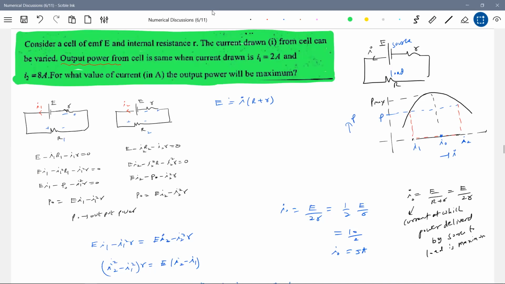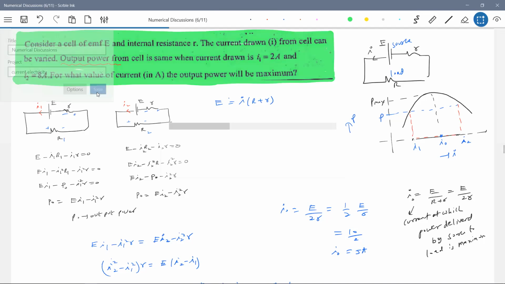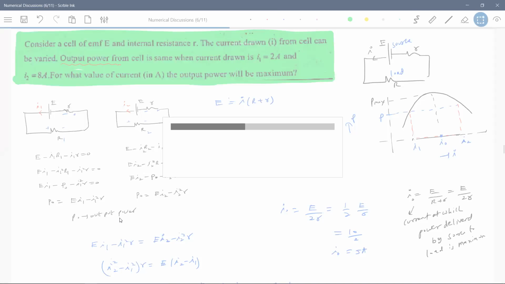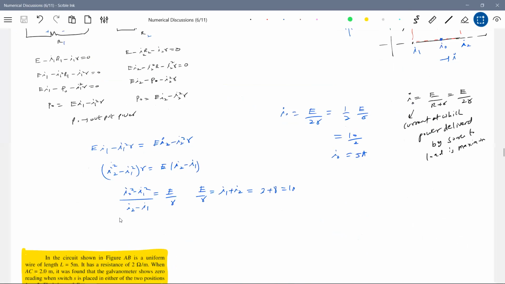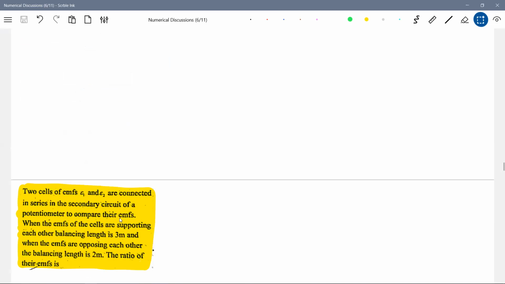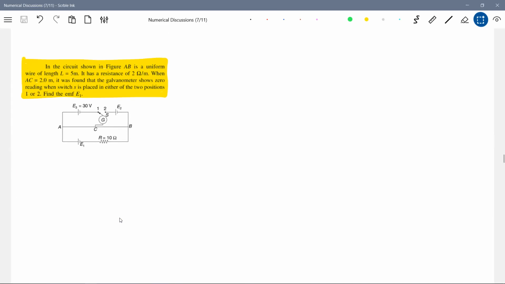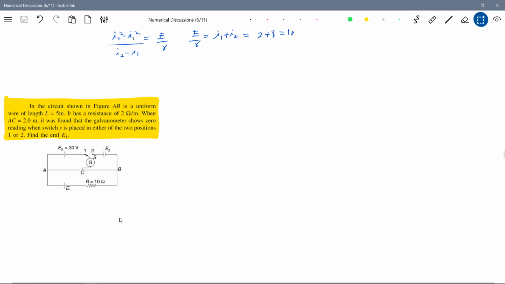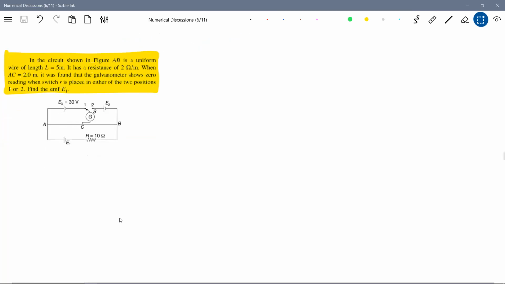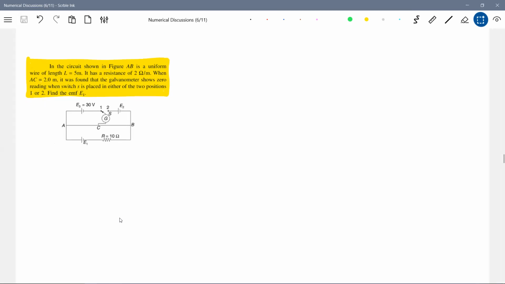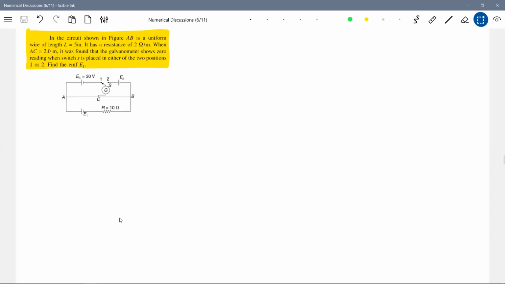Okay, we'll take the next one now. One more, this is simple. I think it's purely circuit based.